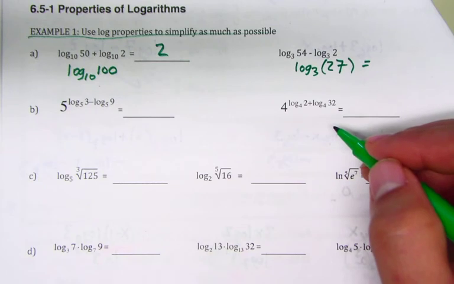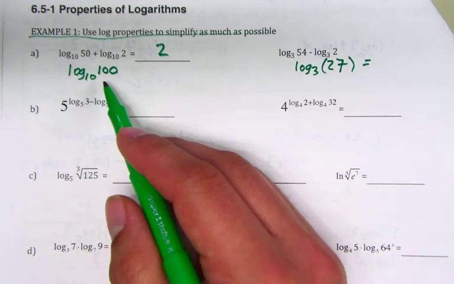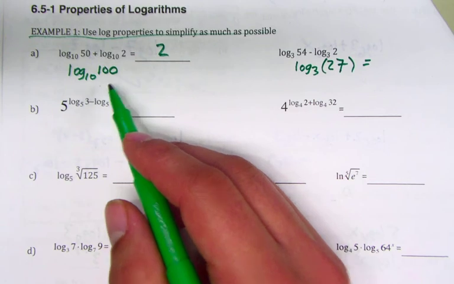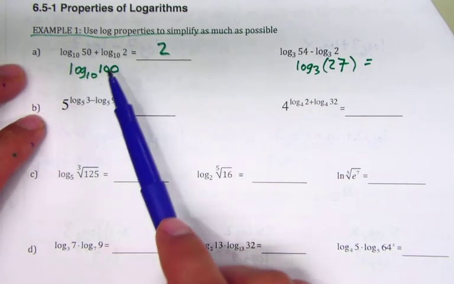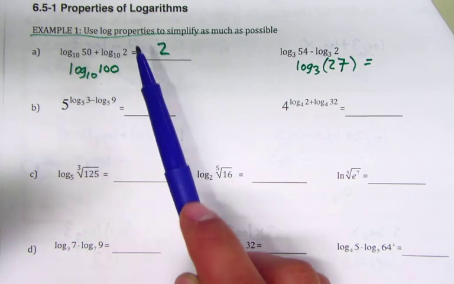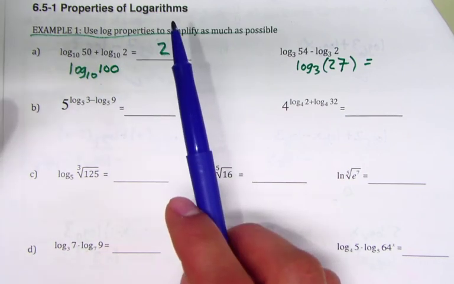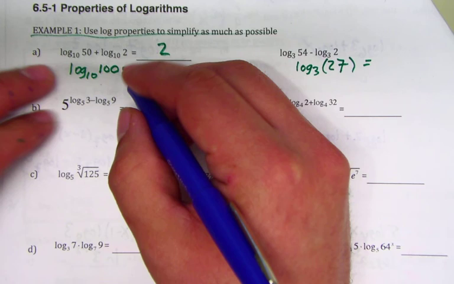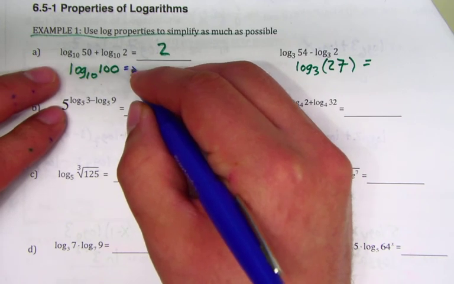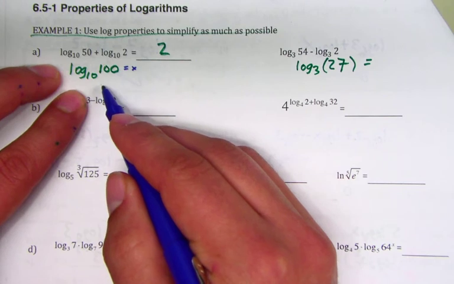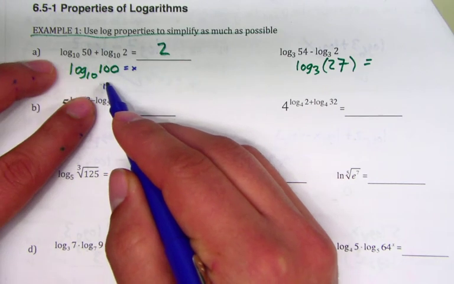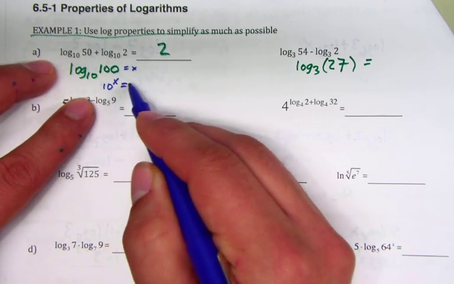How would you rewrite that, to figure it out? Good question. If you did not look at this and go, oh, that's just 2, we can figure it out to remind ourselves. If we don't know what it is, we can call this x, and then change it to exponential. What would it be? 10 to the what equals 100?